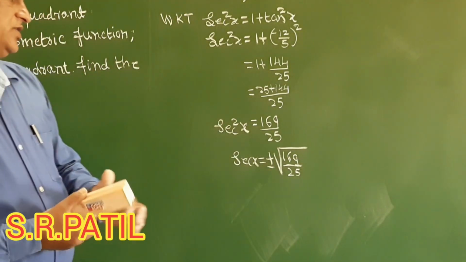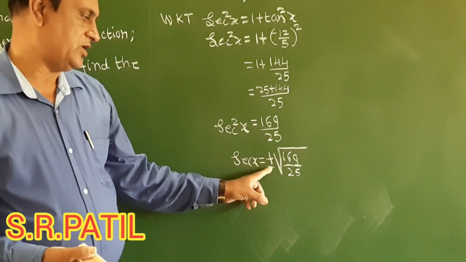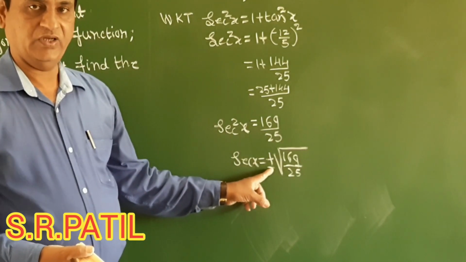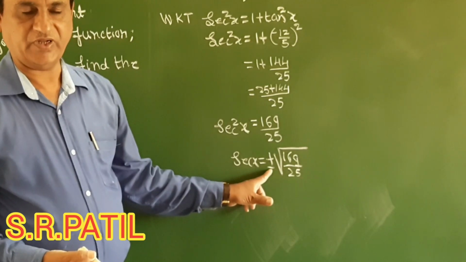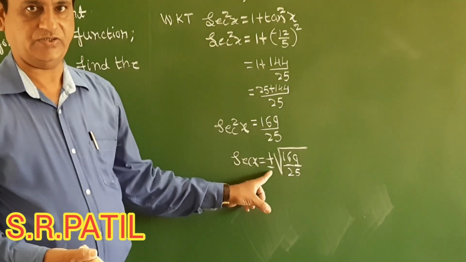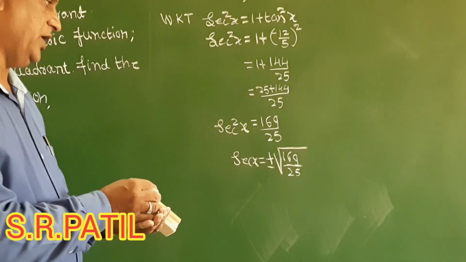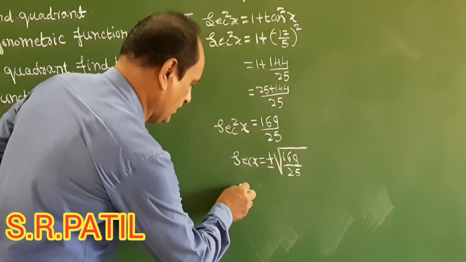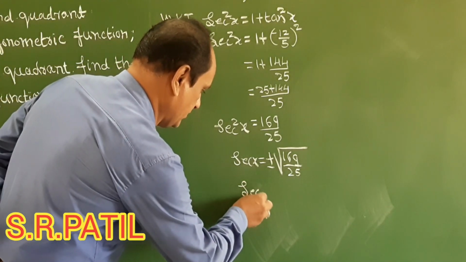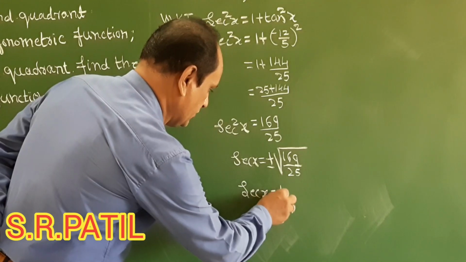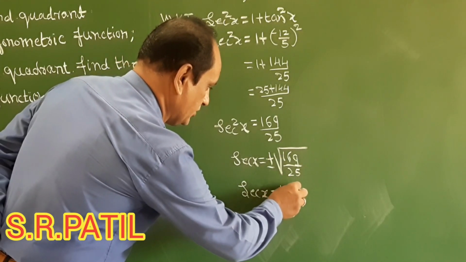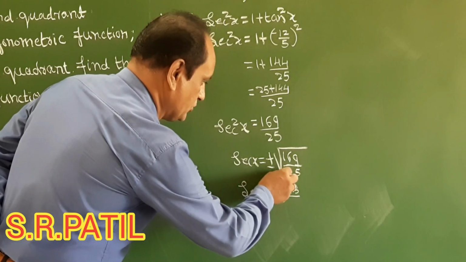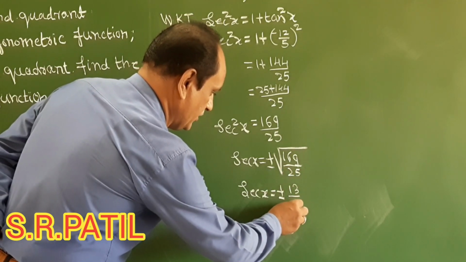Here sec x is equal to plus or minus, two values come. Which value should be considered, plus or minus? So again you have to write in the simplest form: sec x is equal to plus or minus square root of 169, which is 13, divided by square root of 25, which is 5.